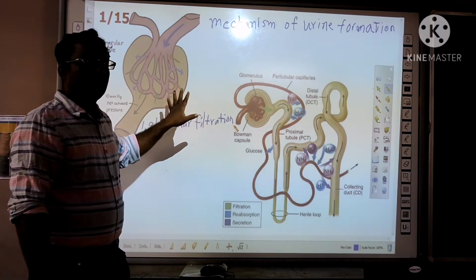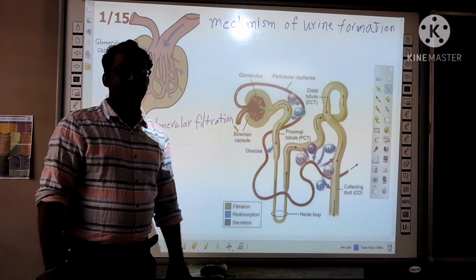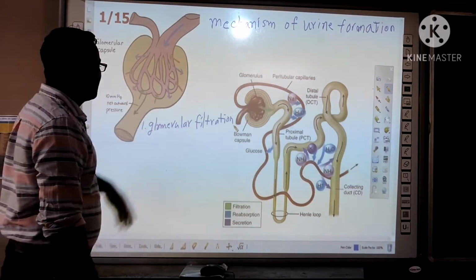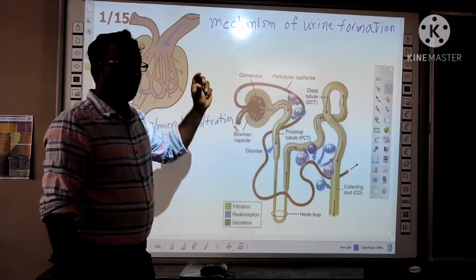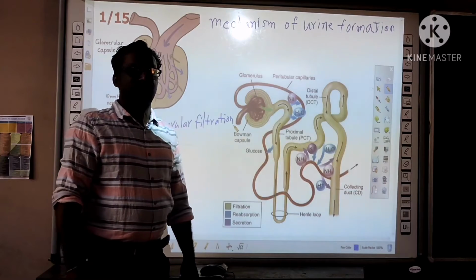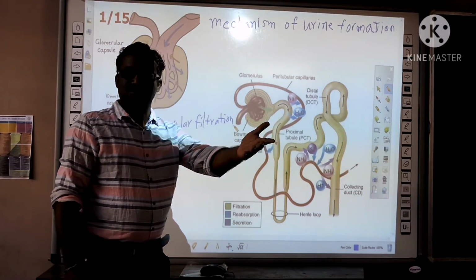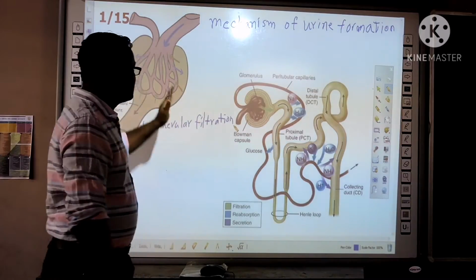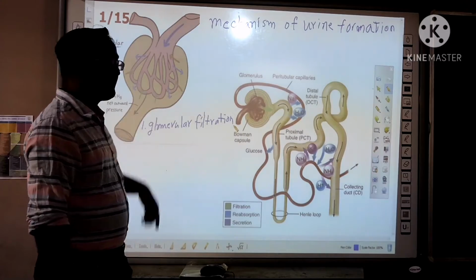So this is called the ultrafiltration method. Due to this, some nutrient molecules, water and waste molecules, that means nitrogenous waste, are all separated. They enter into the Bowman's capsule.